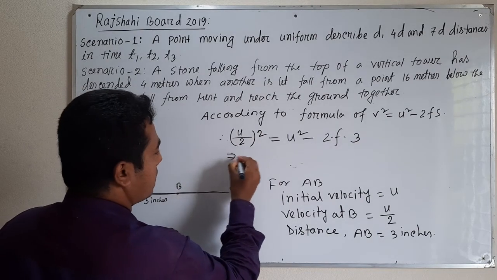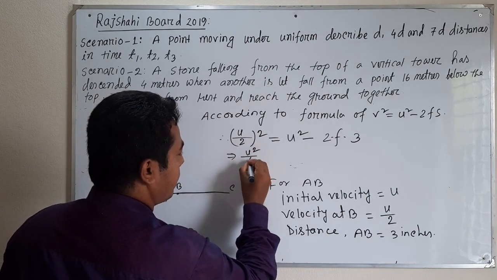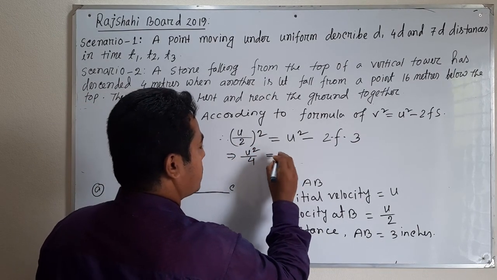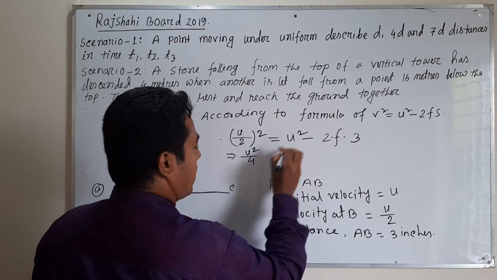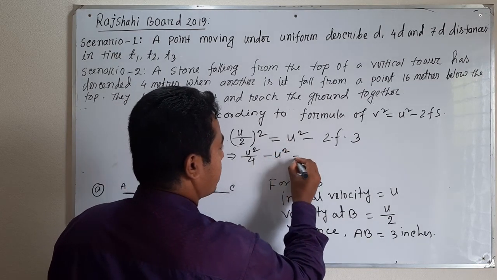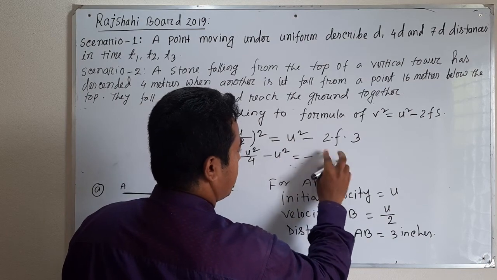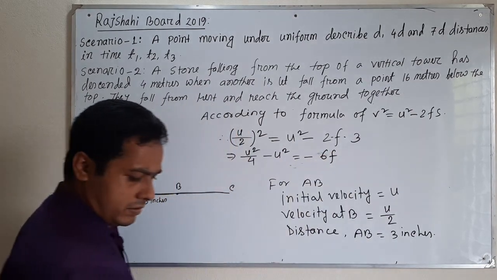Then u square divided by 4 is equal to u square minus 6f.